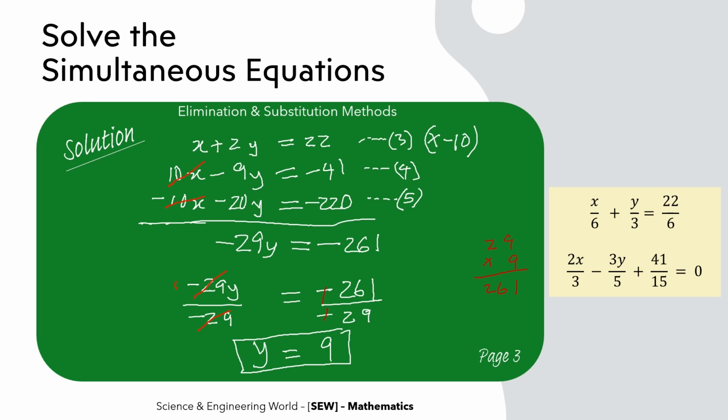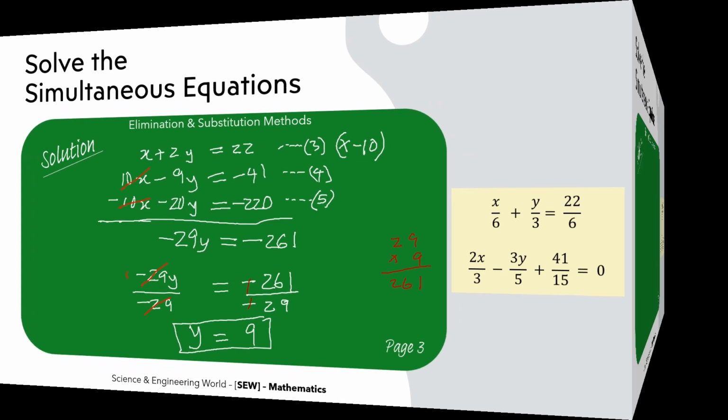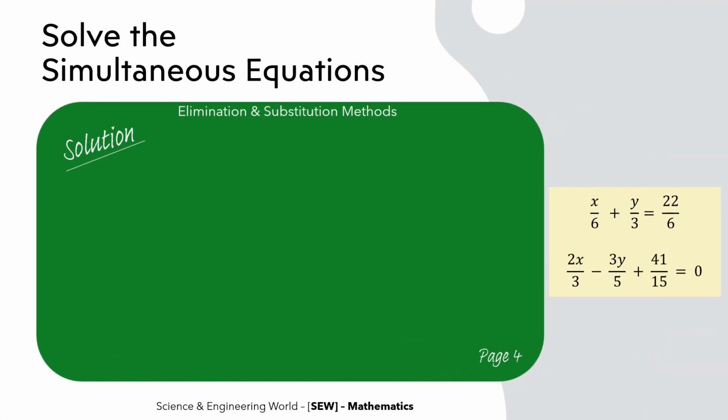Remember, we've done elimination, first eliminating x and finding y. Now we want to find x, and we substitute y into equation 3. So this is why it is called the elimination and substitution method. Our equation 3 is x plus 2y equals 22.